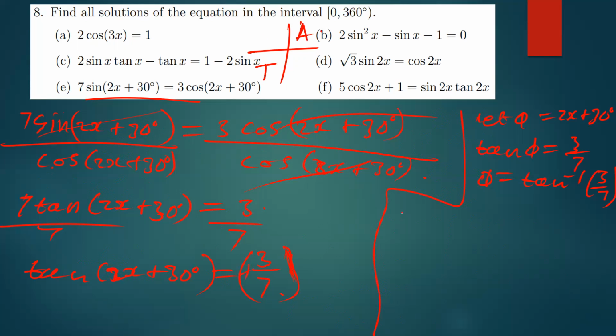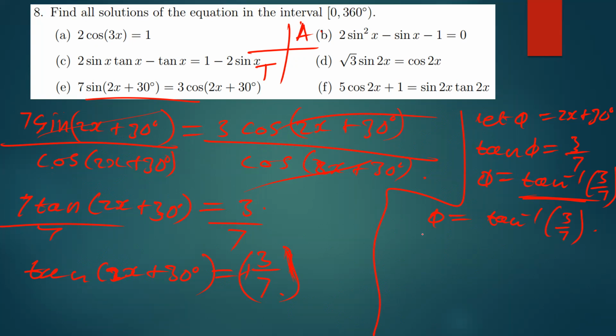So in the first quadrant, the value of phi is simply equal to the reference angle, which is tan inverse of 3 over 7.